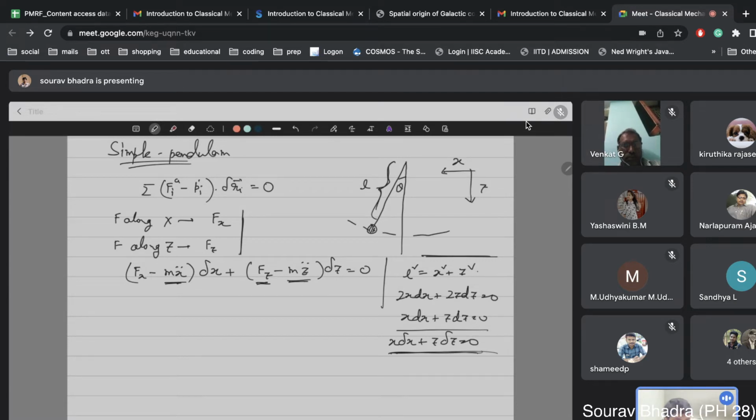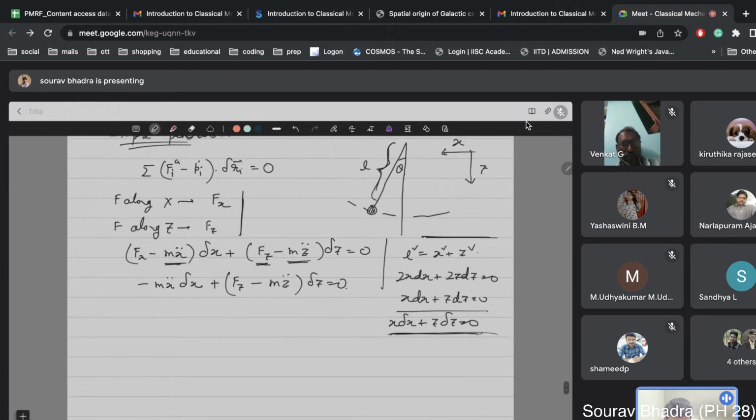So Fx is 0 for this particular system. That means m x double dot delta x plus Fz, the z direction force, and m z double dot delta z equals 0.